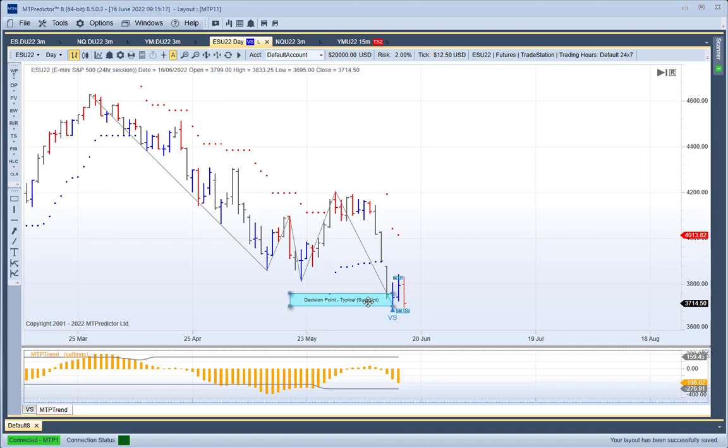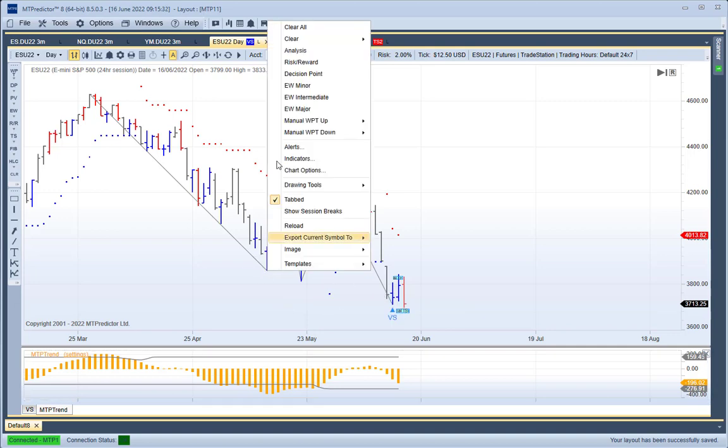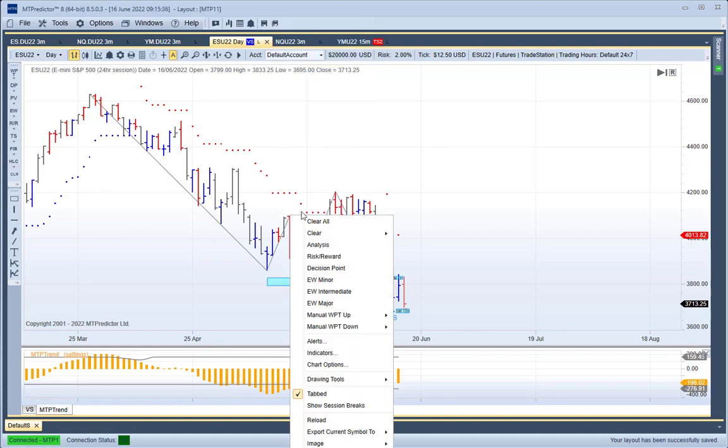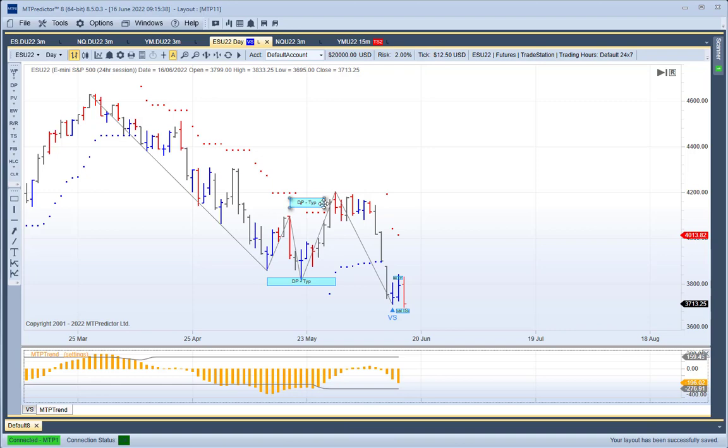I was actually urging caution on this, saying that it may not provide the support that we anticipate. The reason being is because we'd had some very good DPs earlier. The DP off this low caught the low there perfectly. The DP off this high caught the high there last week really nicely as well.